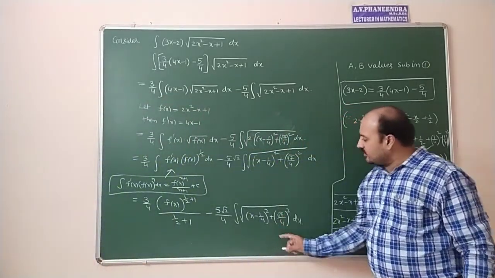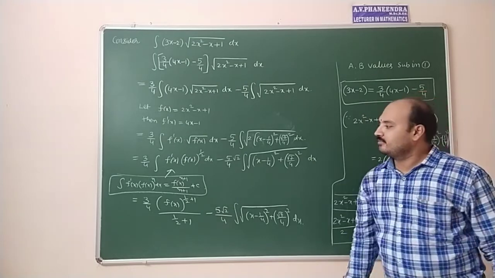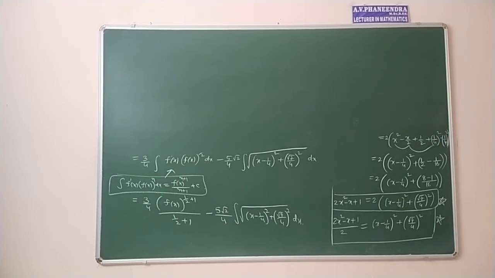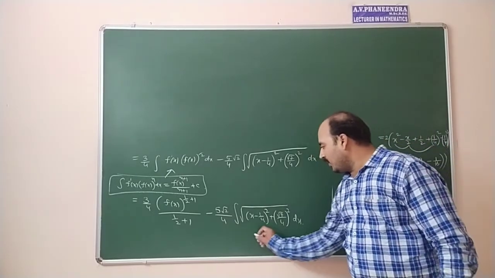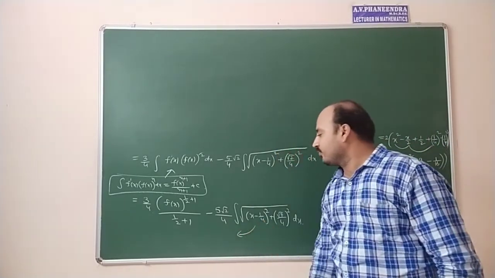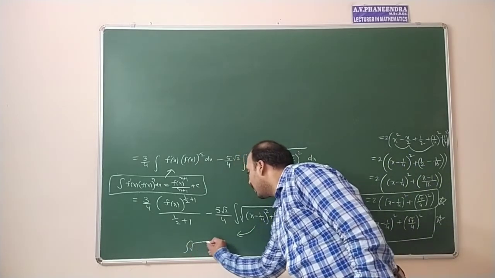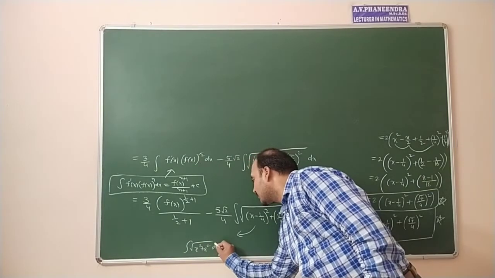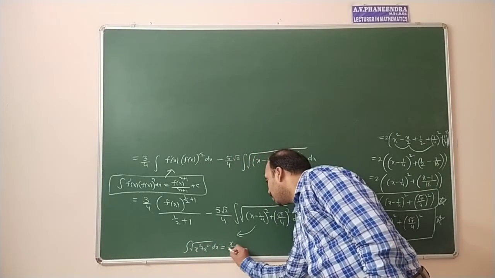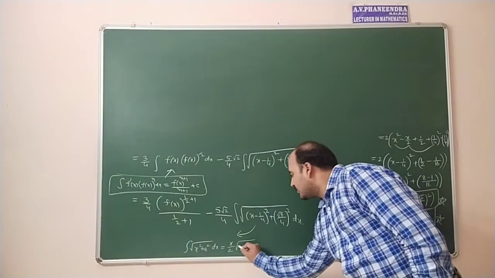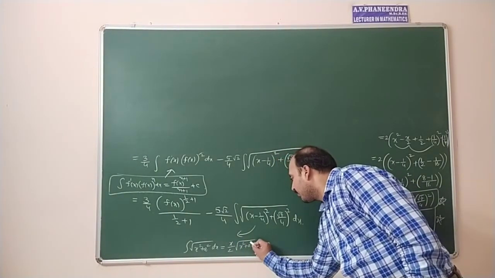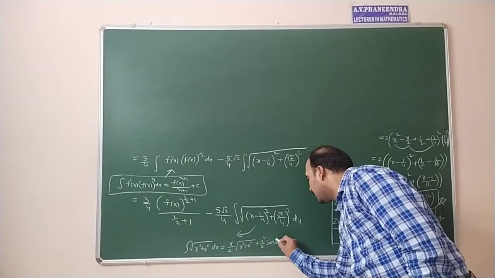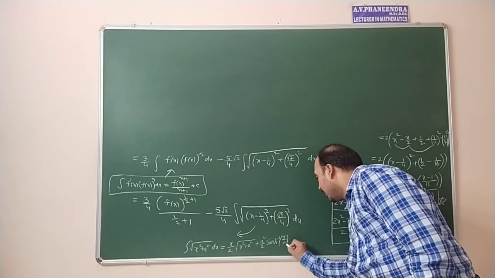Here we are going to apply the formula: integral square root of x square plus a square into dx is equal to x by 2 square root of x square plus a square, plus a square by 2 sinh inverse x by a, plus c.